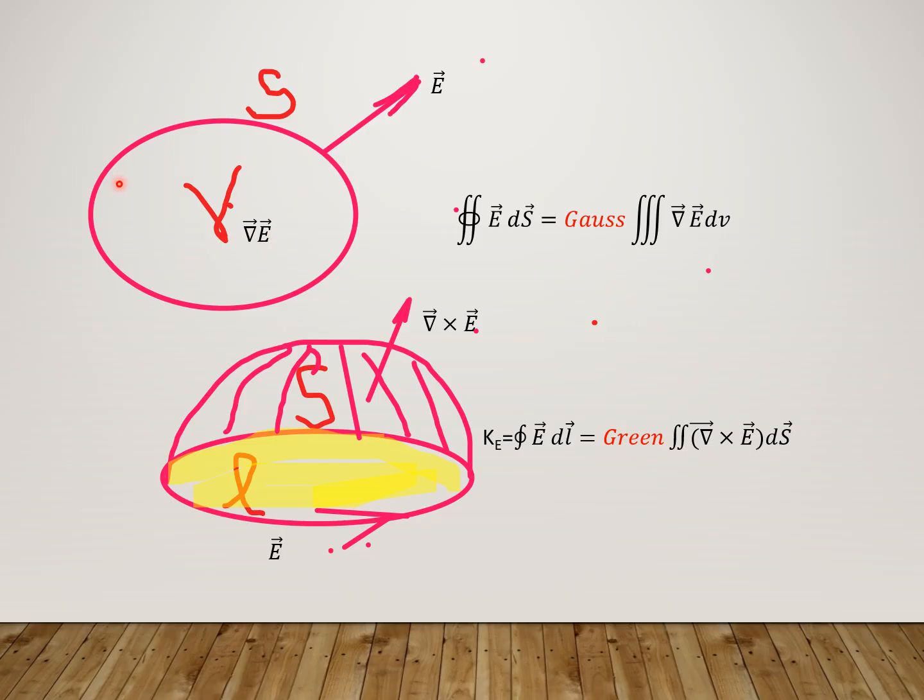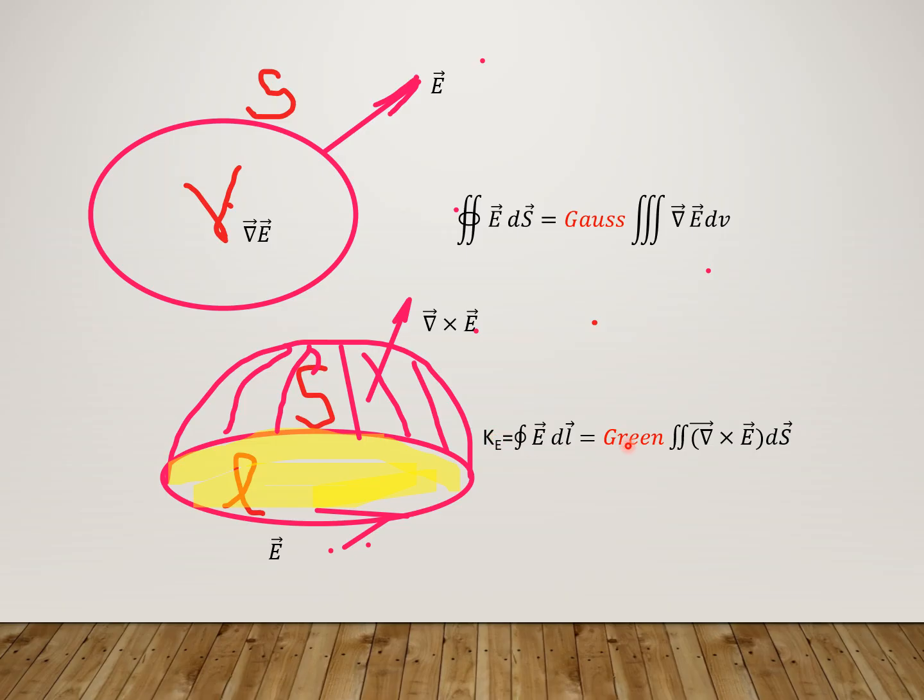We have here a volume V and a closed surface S. The flux of this vector through the surface is, by definition, this expression, which is equal to the volume integral of del dot E. Now, the circulation of the vector E around this loop is, by definition, this expression.